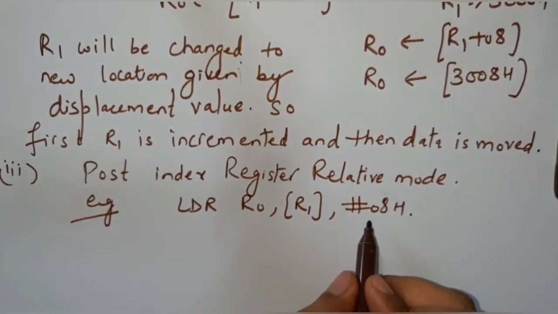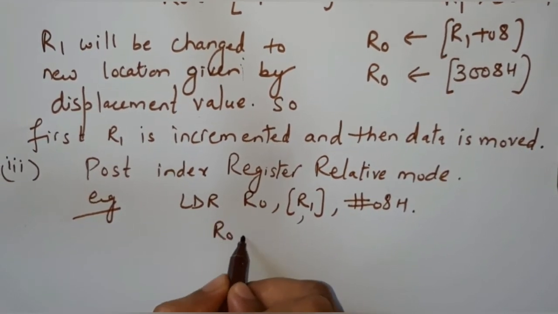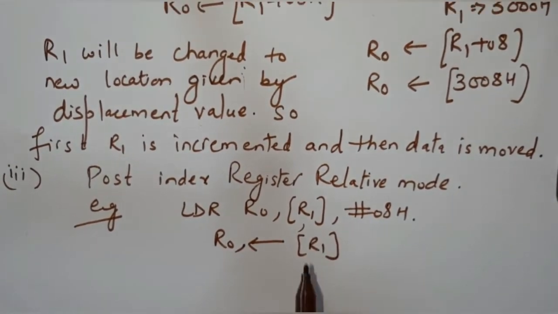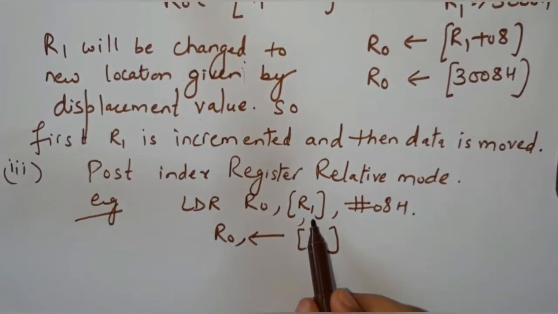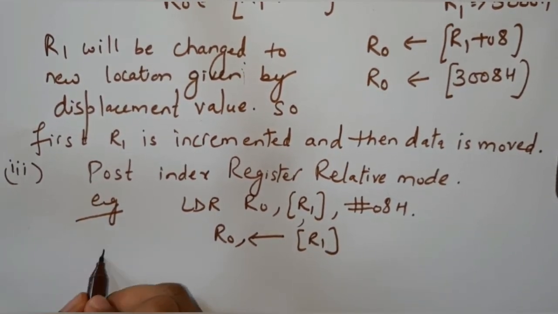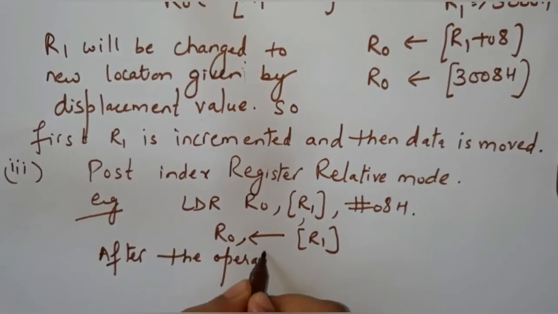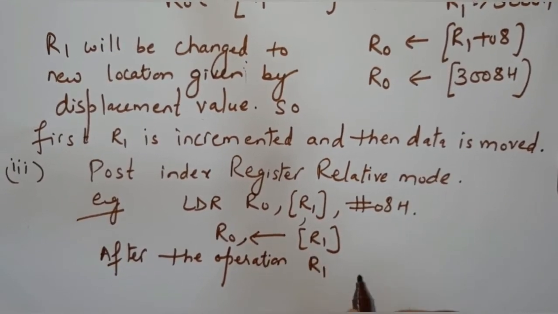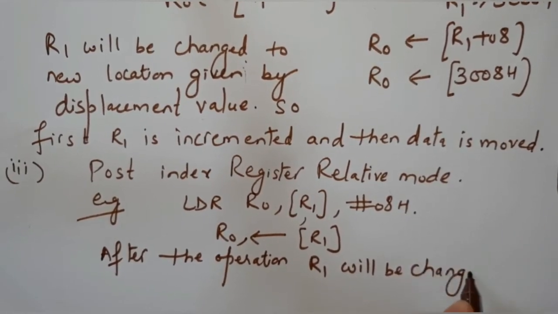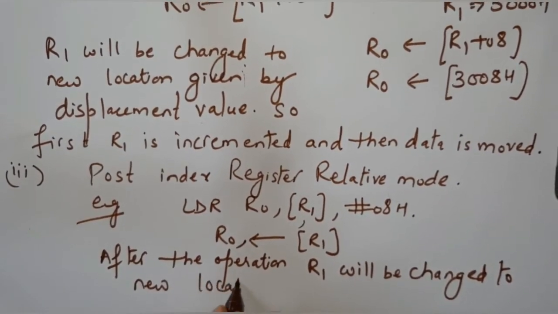In this case, the content of register R1's location will first be loaded to the register R0. After this action takes place, R1 will be added to the displacement value 08. So after the operation, R1 will be changed to the new location.